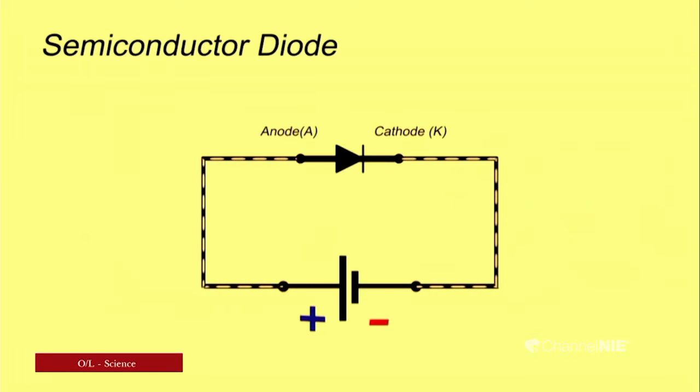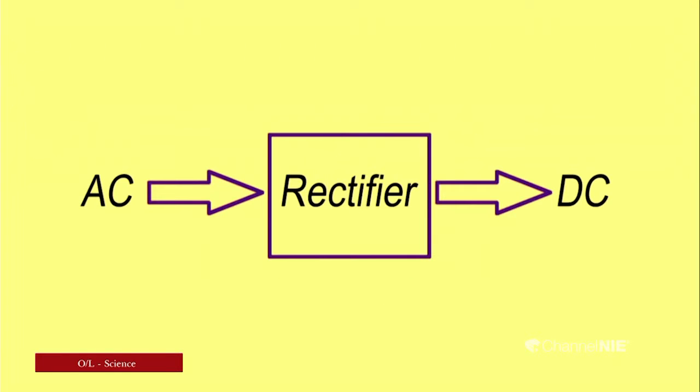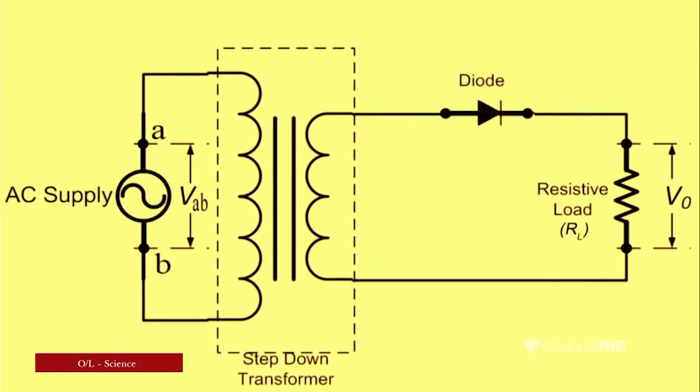When we connect the diode, positive to positive we call forward bias, and current passes, but negative to positive current does not pass through the diode, because a diode allows the electricity to flow only in one direction. So we can say a diode is a rectifier because it converts AC into DC. This is the circuit diagram we arranged: AC supply, step down transformer, diode, resistive load. Here we used a bulb, right?